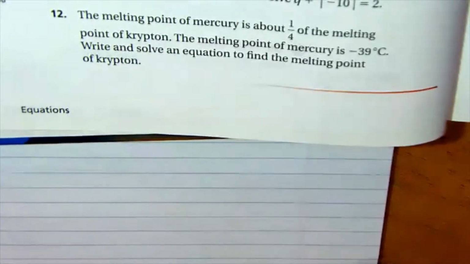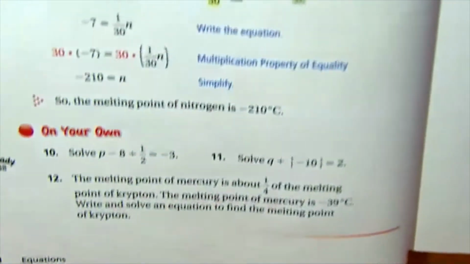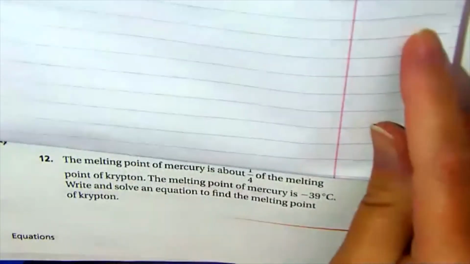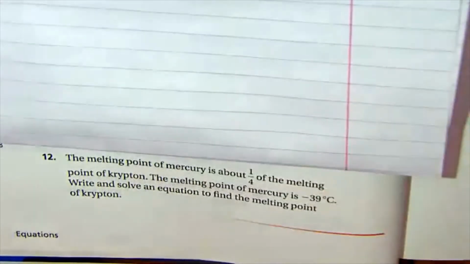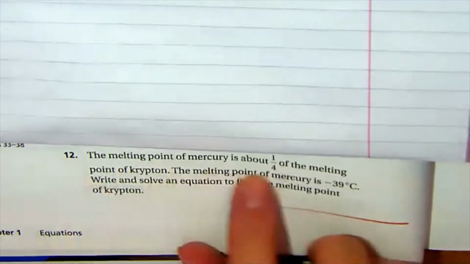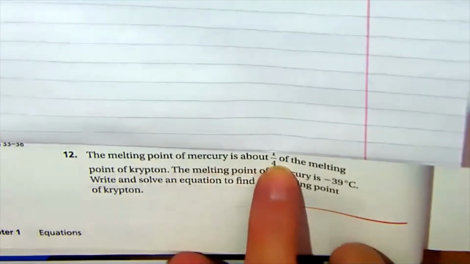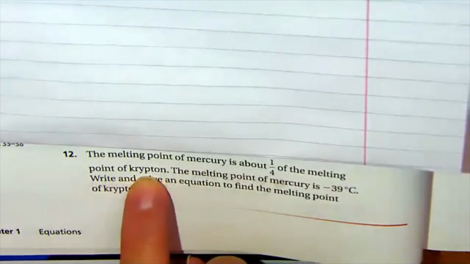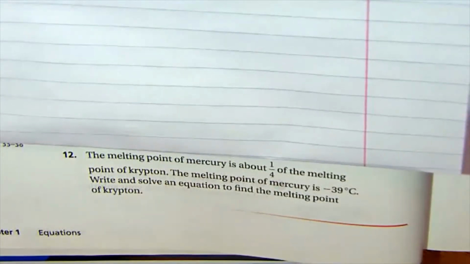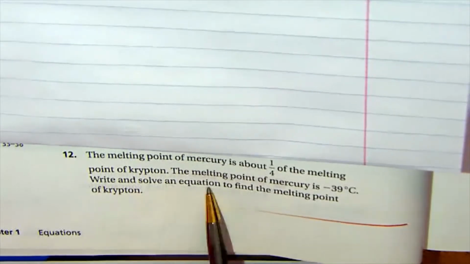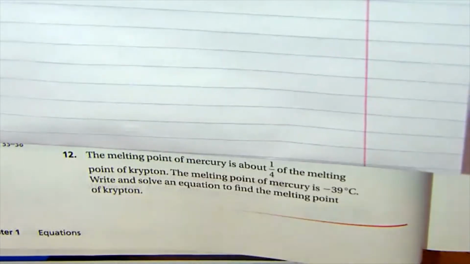I may have to write above it. Let's try that. Here we go. Okay. The melting point of mercury is about 1/4 of the melting point of krypton. The melting point of mercury is -39 degrees Celsius. Write and solve an equation to find the melting point of krypton.